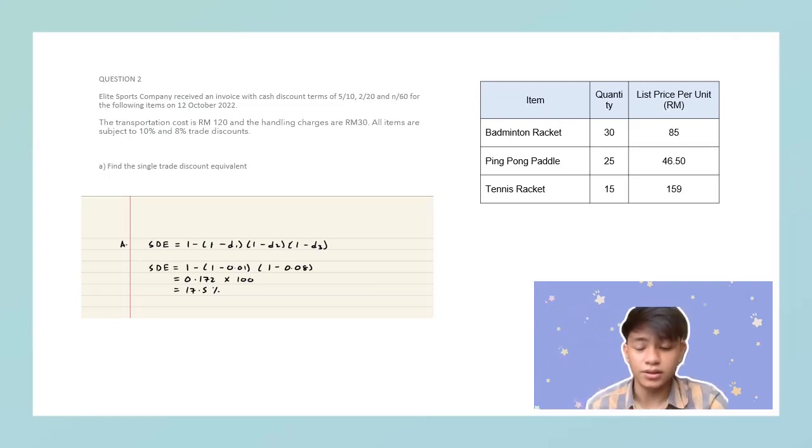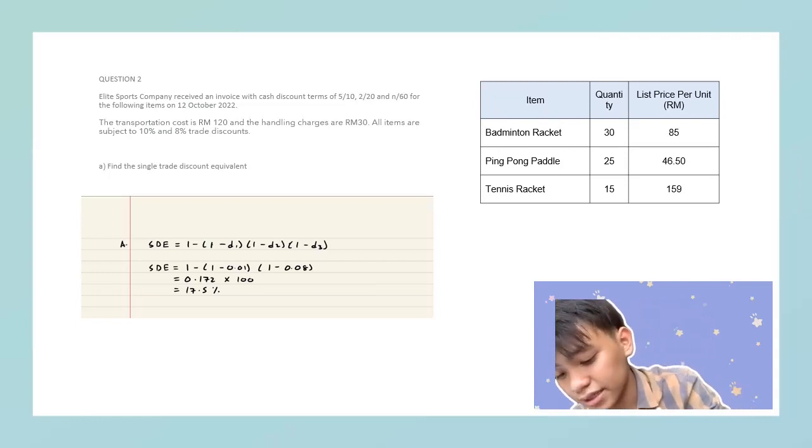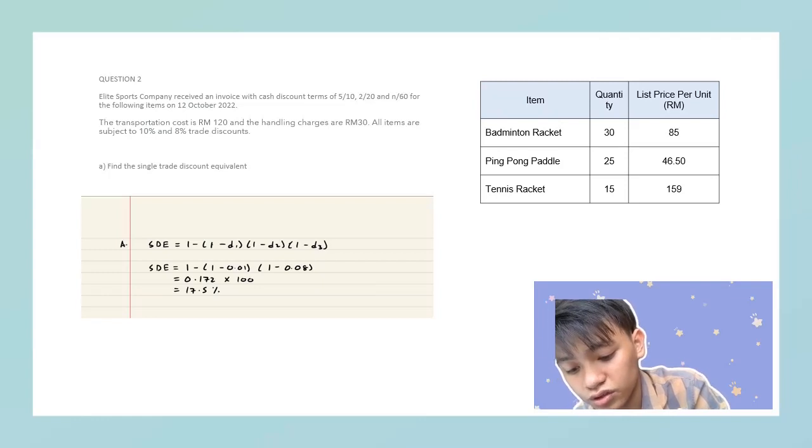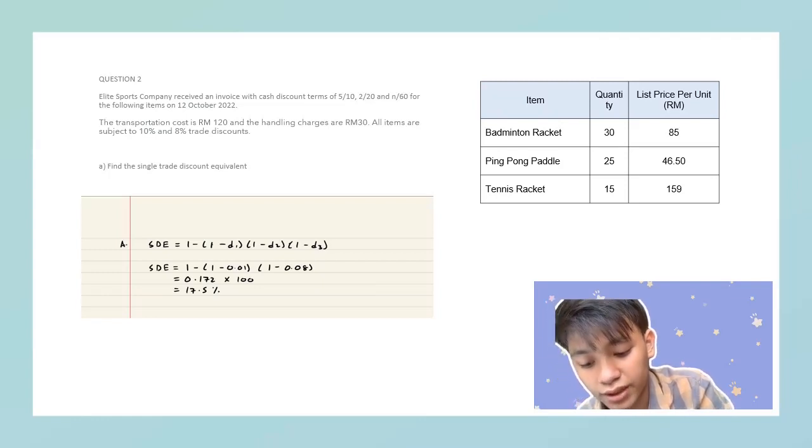So using the formula, SDE equals 1 minus open bracket 1 minus D1 close bracket open bracket 1 minus D2.